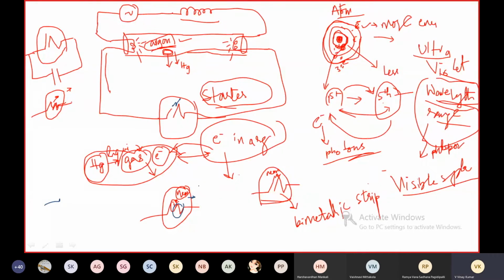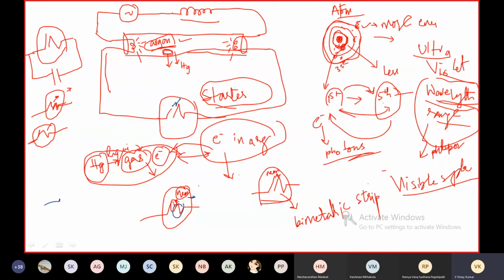bends this bimetallic strip, so that this bimetallic strip will make contact with the other electrode.